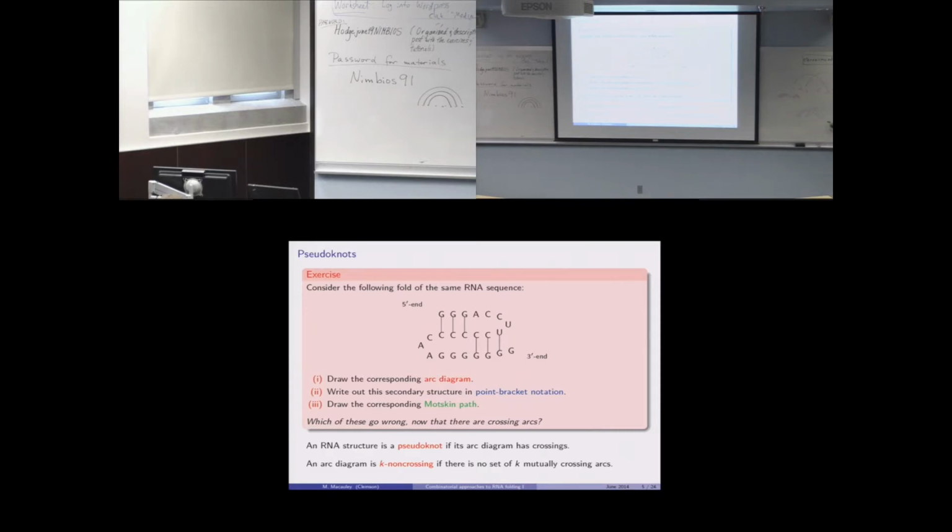This is 3 non-crossing, because there is no set of 3 arcs such that any 2 of those 3 arcs cross.